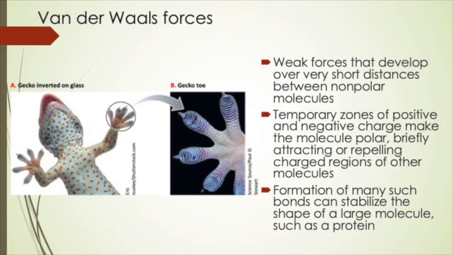Other bonds that we can go through. Van der Waals forces. These are weak forces developing over very short distances between nonpolar molecules. Temporary, between positive and negative charges. Just charged regions between those molecules.